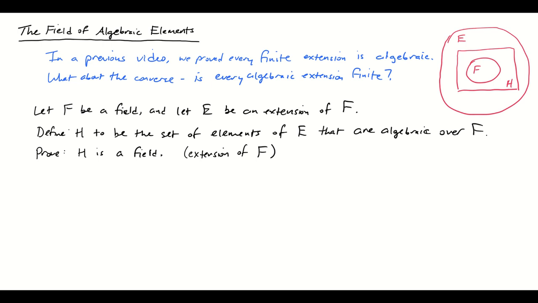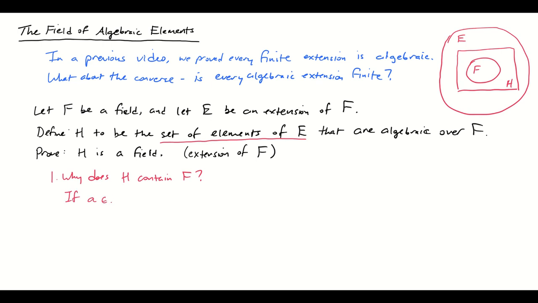Okay, it definitely has to be a subset of E. That's how we're defining it. But how do we know it contains F? So that's the first question. Why does H contain F? You might pause the video and think about that and see if you can answer the question yourself. I'll answer it here.